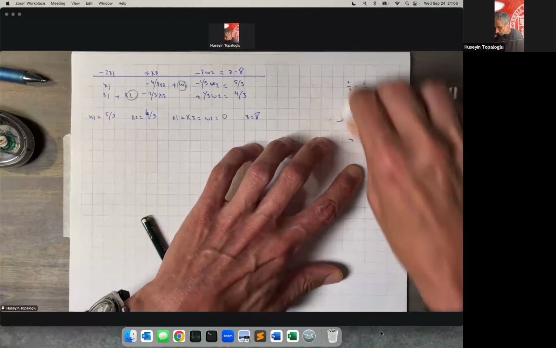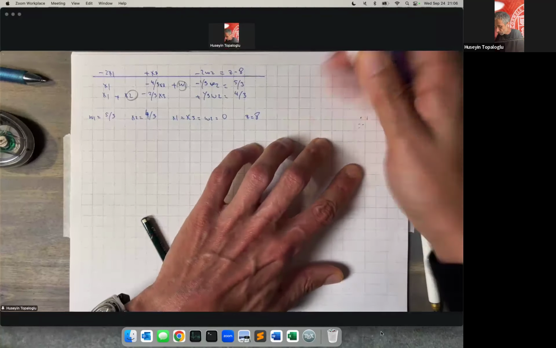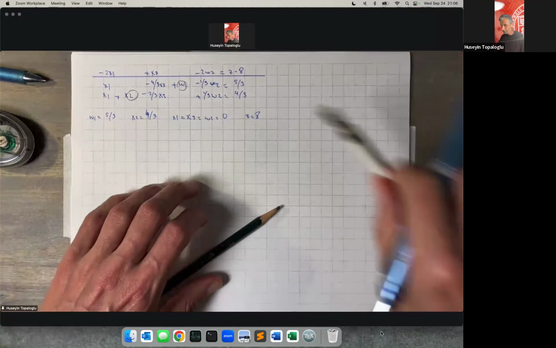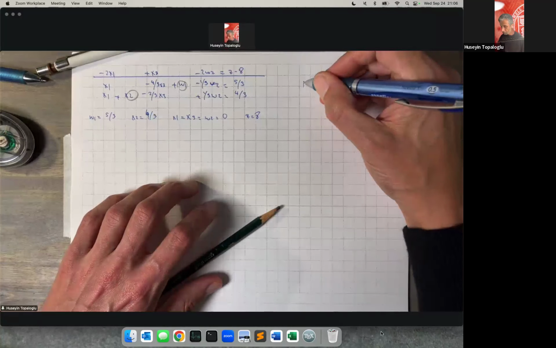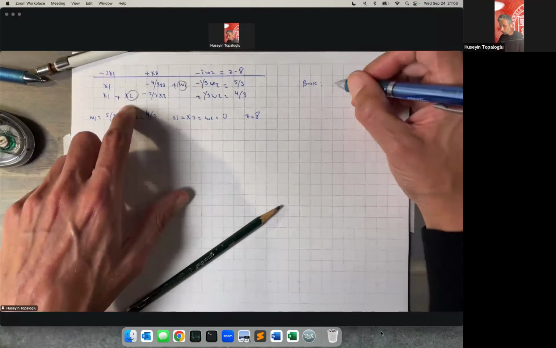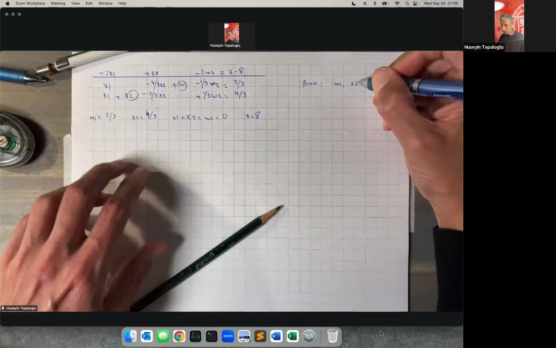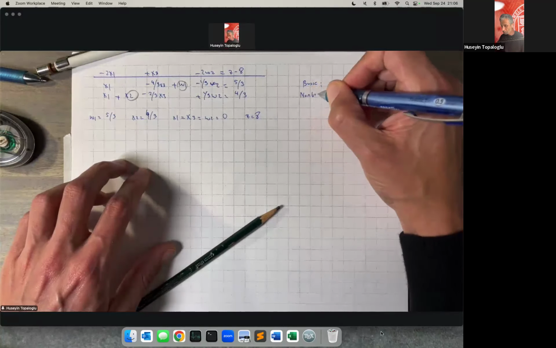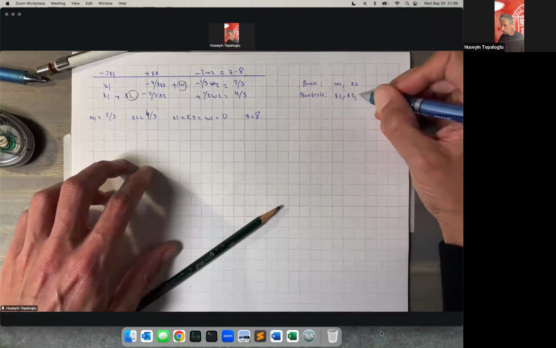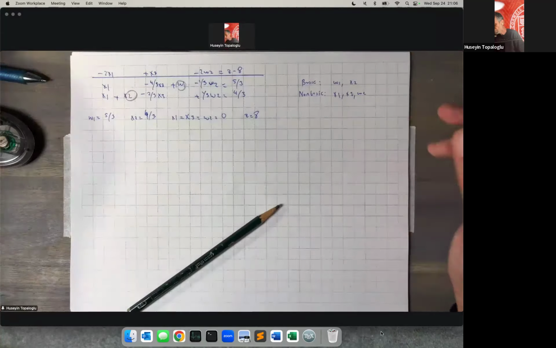And let's write down what our basic variables and non-basic variables are. Our basic variables are w1 and x2, and our non-basic variables are x1, x3, and w2. Great.